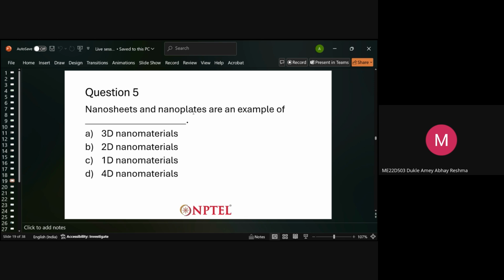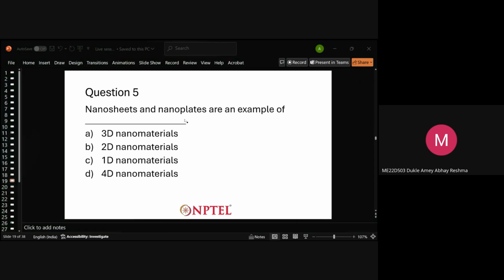Nanosheets and nanoplates are examples of 3D nanomaterials, 2D nanomaterials, 1D nanomaterials, or 4D nanomaterials. We have discussed this a lot in the last two sessions as well. Any guesses?